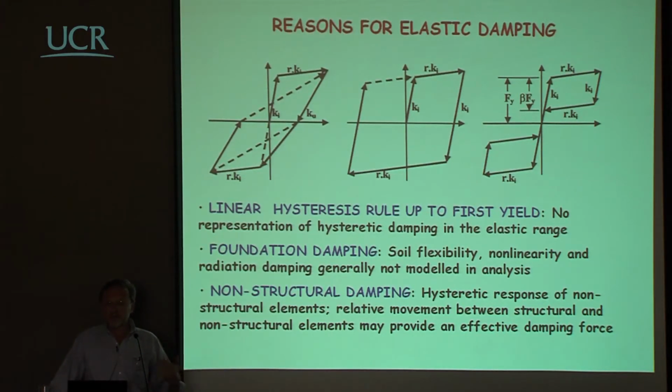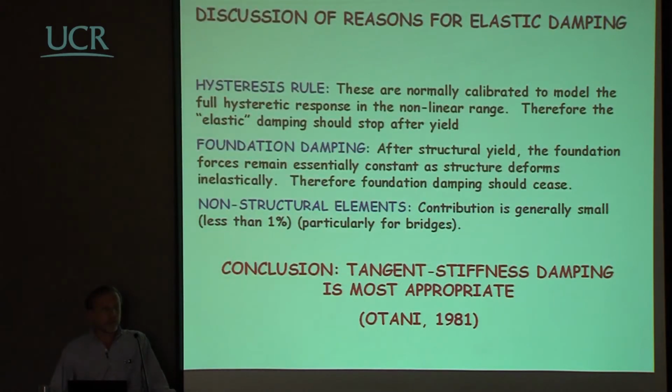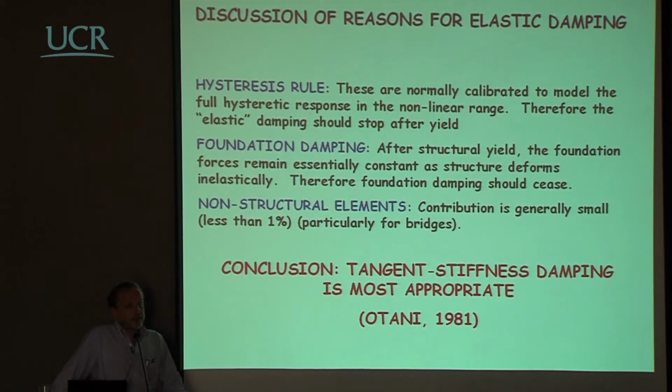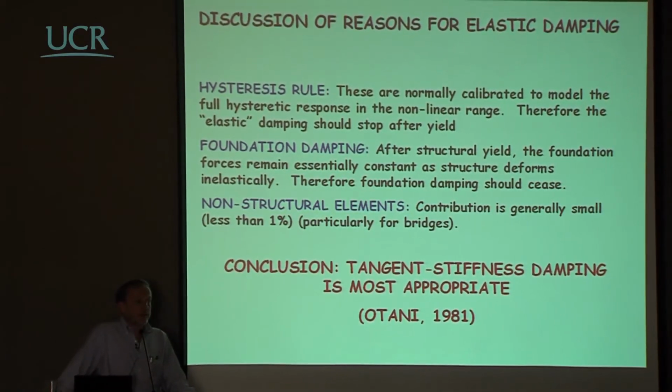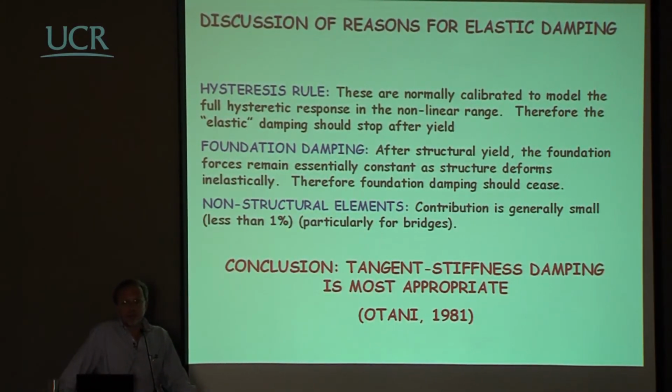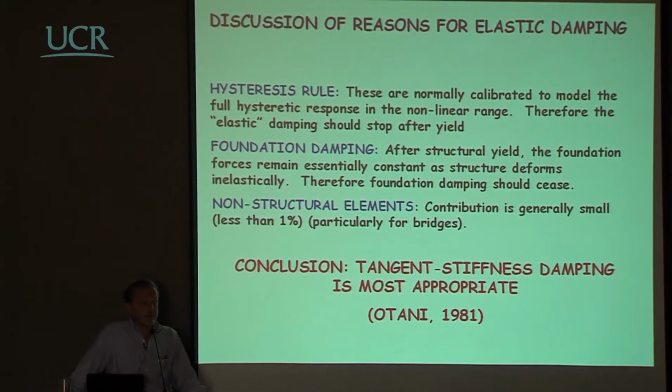For example, the dissipation due to interaction with soil, or the dissipation due to non-structural elements. But if you look into each one of these elements, you will immediately realize that after yielding, none of them is still an important factor.